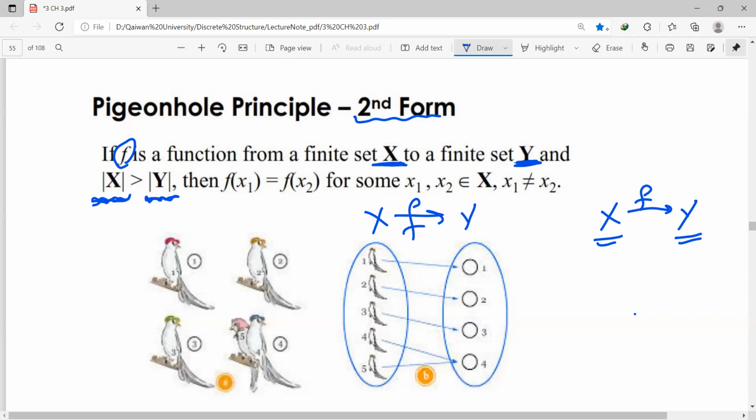If we draw the arrows from pigeons to pigeonholes, there must be at least 2 pigeons which draw an arrow to the same pigeonhole.